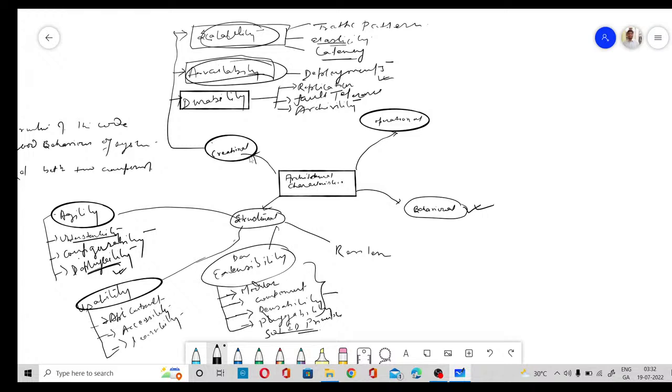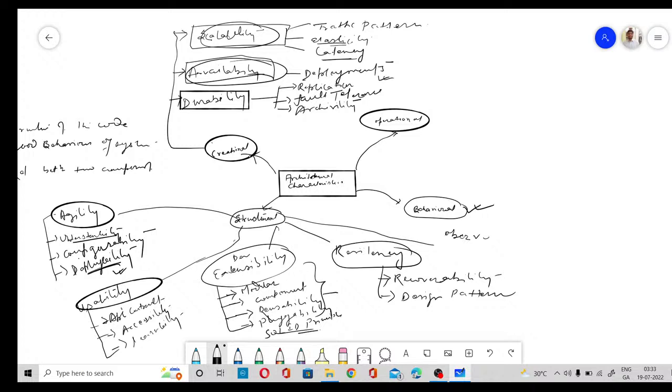So once you understand usability through resilience, then you can think about observability.